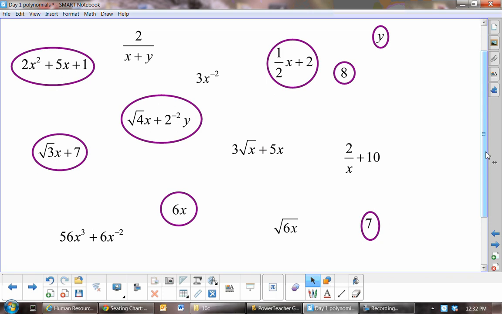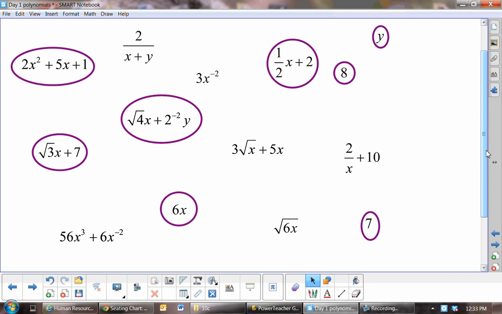Can you deduce from that information right there why those ones are not polynomials? Why are they so different than the other ones? So let's start pointing out some differences. Because all the other ones that did not get into the circle club, they fail as polynomials. They're polynomial failures. But why did they fail?